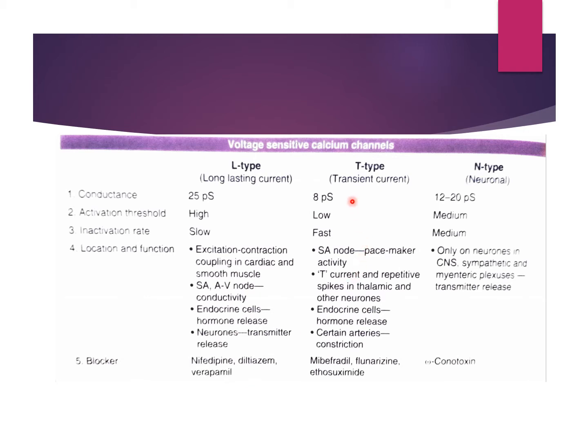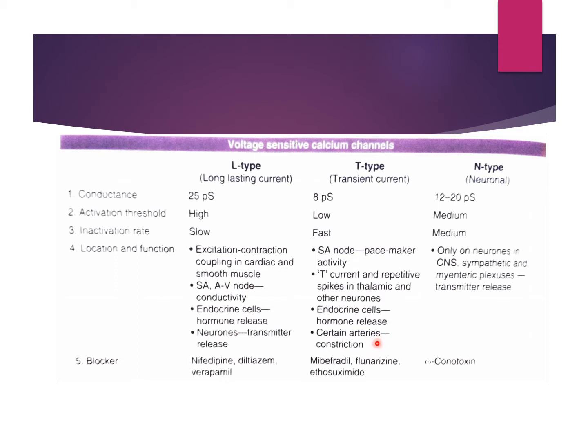Coming to T-type, they are located in the SA node and are mainly involved in pacemaker activity. The T current also produces the repetitive spikes in thalamic and other neurons. In endocrine cells, they lead to hormone release, and in certain arteries, they lead to constriction.